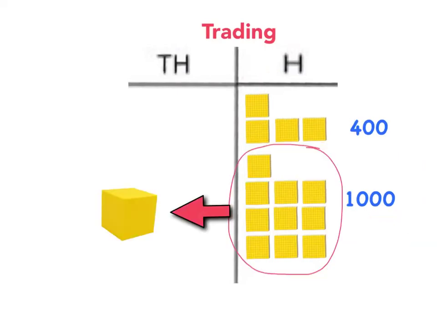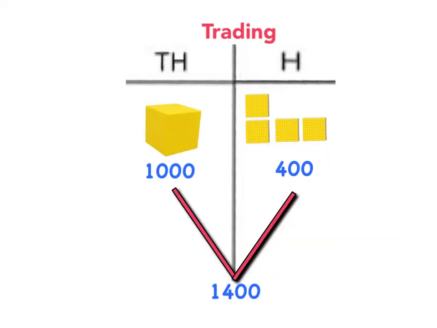So you can see here that we've bundled up 10 hundreds, which makes 1000, and we're going to trade that across into the thousands column. So here we can see we have 1000 plus 400, which now makes 1400.